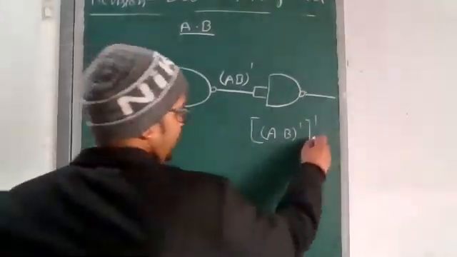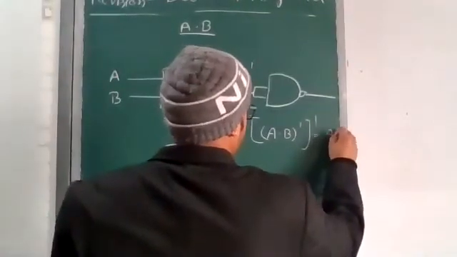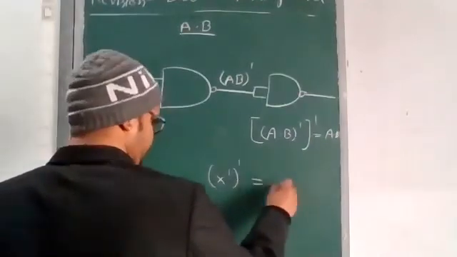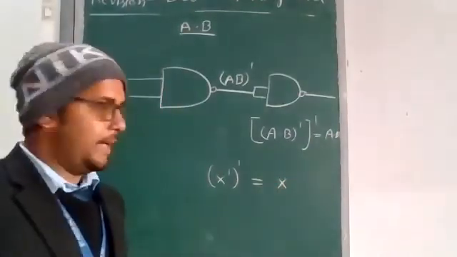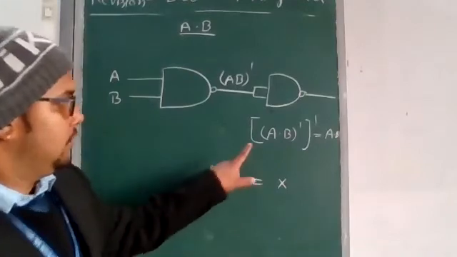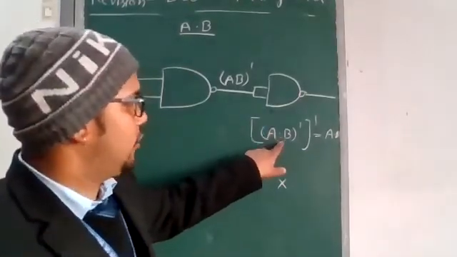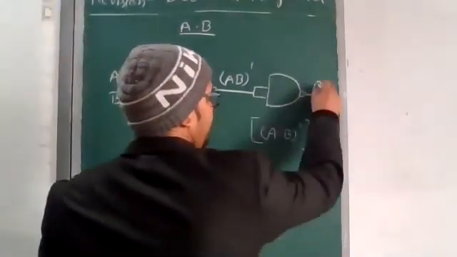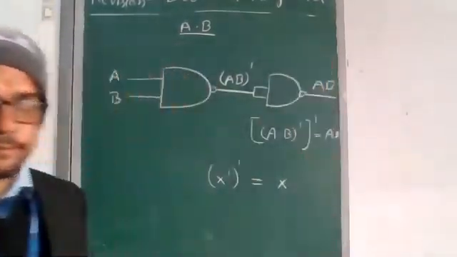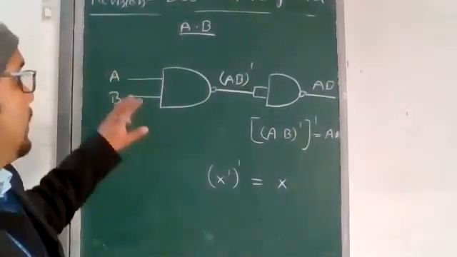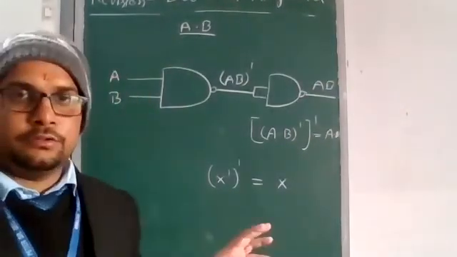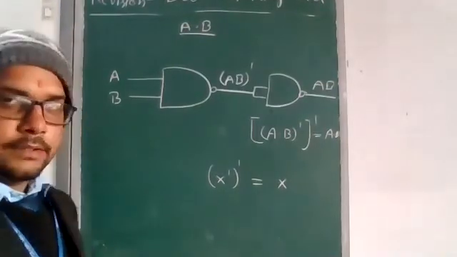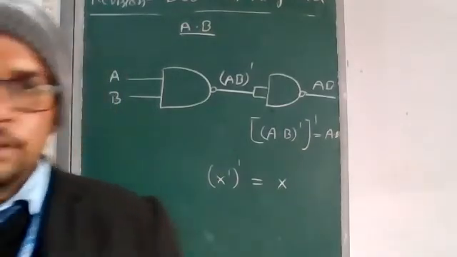So the result is only A dot B, because you know the rule, the complement of the complement of X is equal to X. By using this rule, the complement of the complement of A dot B gives the result AB. So in this manner, you can make an AND gate using NAND. Clear? Is it clear?